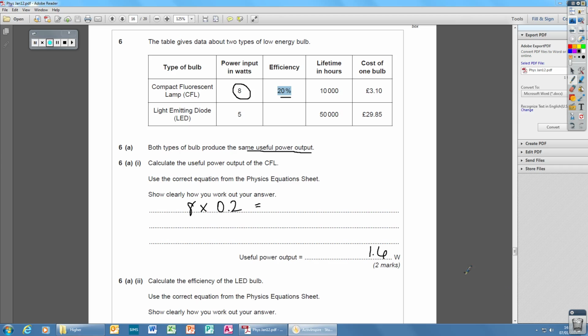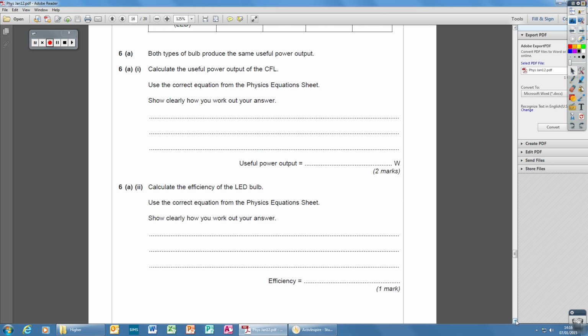Okay, well, I can do that. Now this time I really do need more of an equation. So let me write the equation down this time.